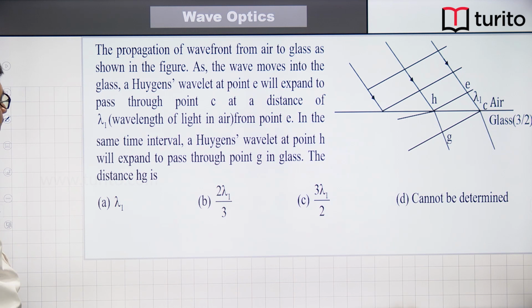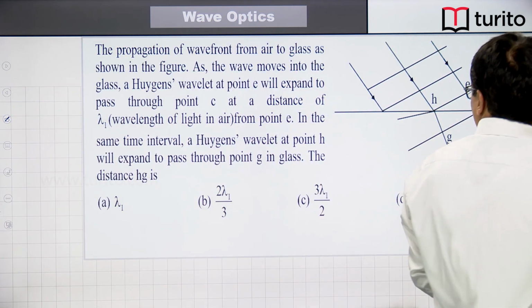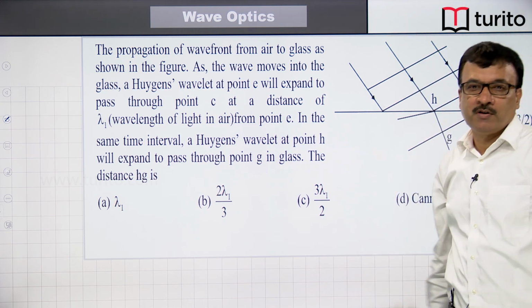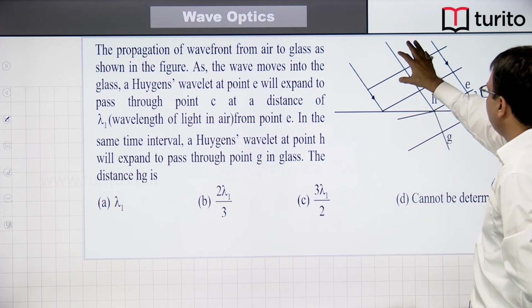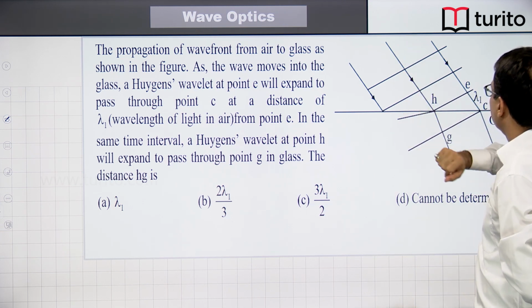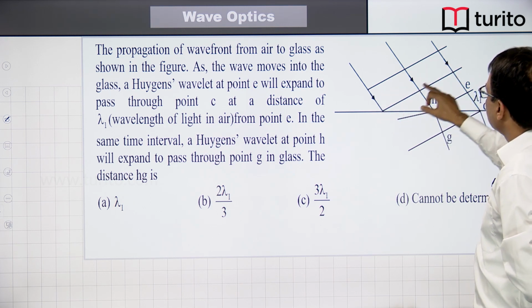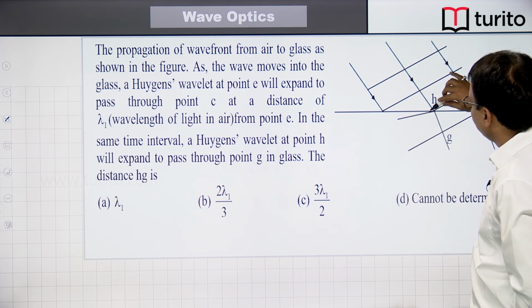Now, come to this question. Read the question, what is happening here. The propagation of a wavefront from air to glass as shown in the figure. So, here we have air and this is the glass. The refractive index of glass is 3/2, and these parallel lines are wavefronts.